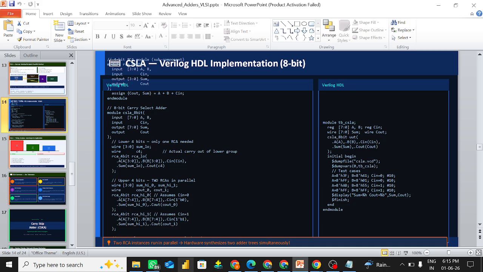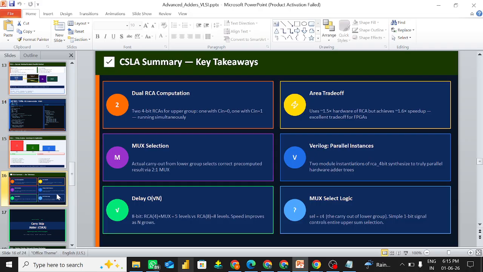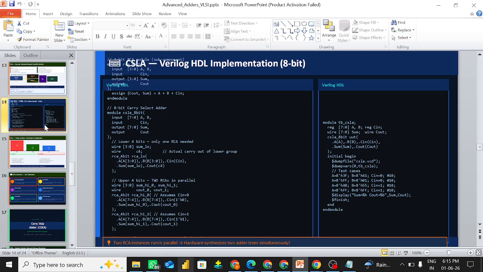Based on that, you are going to prepare a waveform, right? So this is how carry select adder works. I hope everyone got my point. And I will ask for this implementation: CSLA design and test bench implementation. I want it.